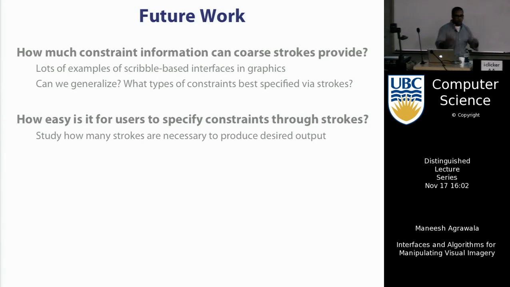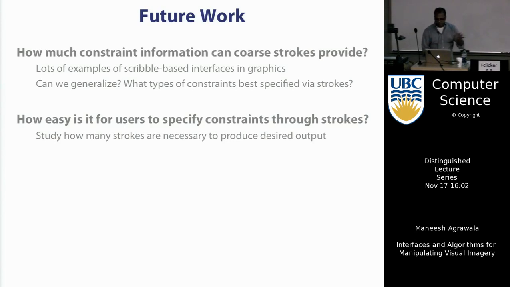These are very coarse strokes that give a little bit of a constraint to these systems. And I'd just like to better understand what kinds of information we can get out of scribbles. And then the other thing is, how easy is it for people to specify constraints through these kinds of scribbles? I think that's also really worth studying.